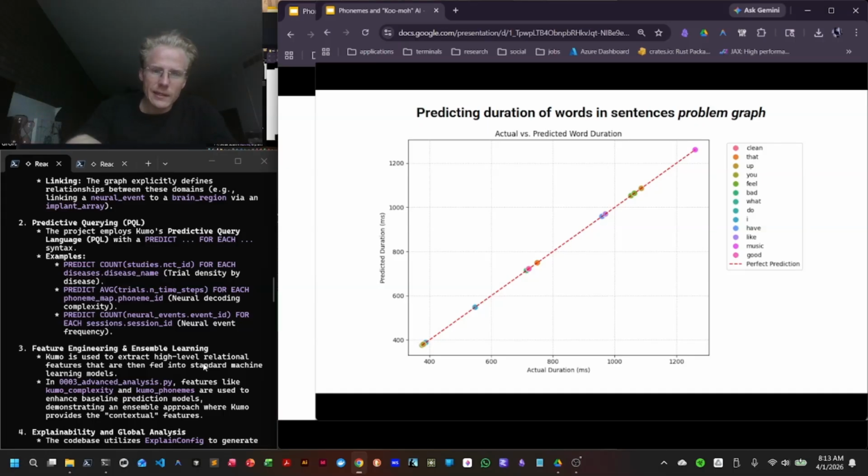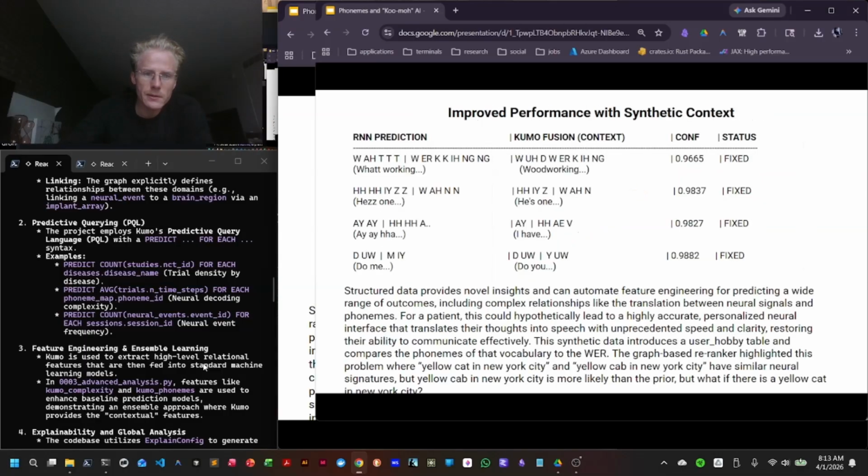They had tested the same words and they thought, okay, how can we get it to line up with a linear regression in a way? But this was flattening it with Kumo, Kumo's RFM. There was improved performance with context.